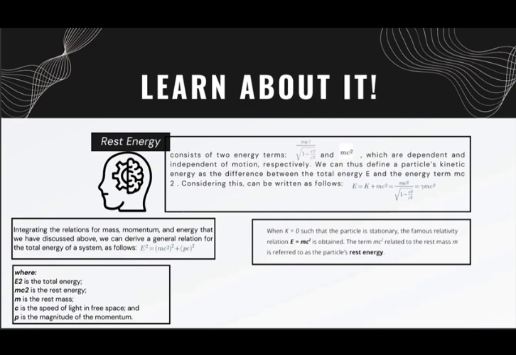The formula is E = K + mc squared = mc squared over the square root of 1 minus v squared over c squared, which is equal to the Lorentz factor times mc squared.